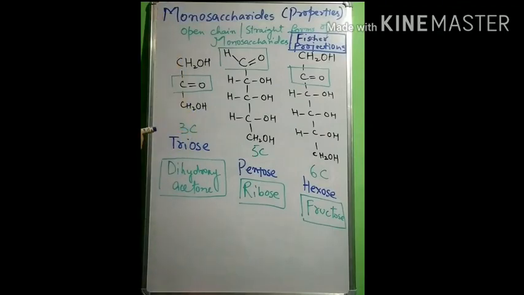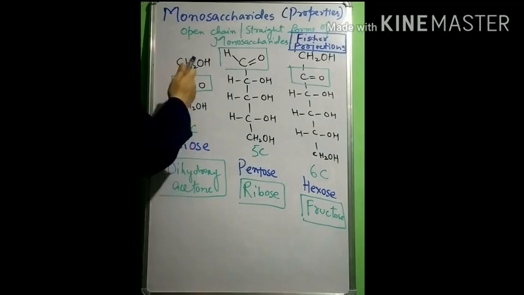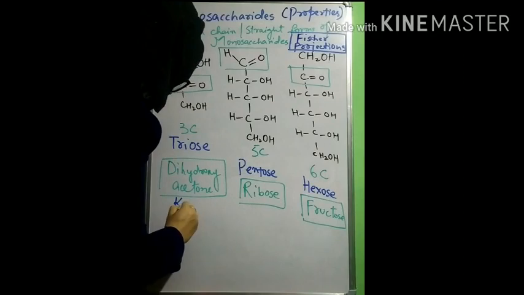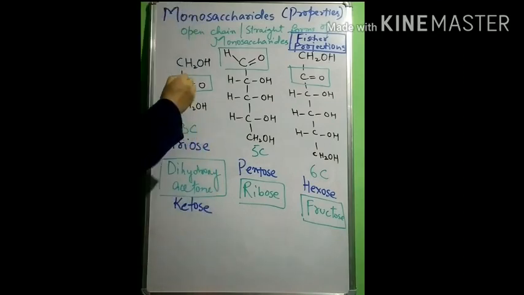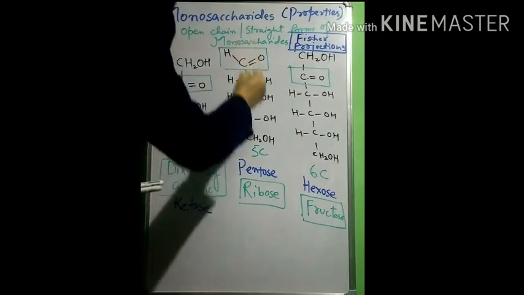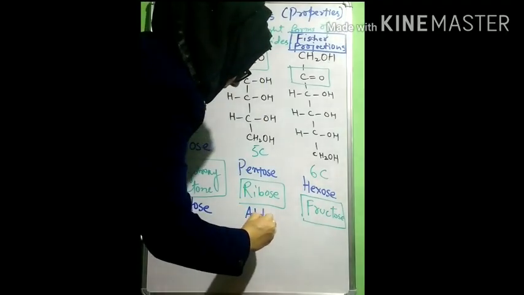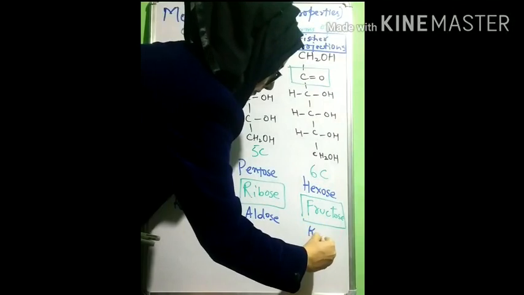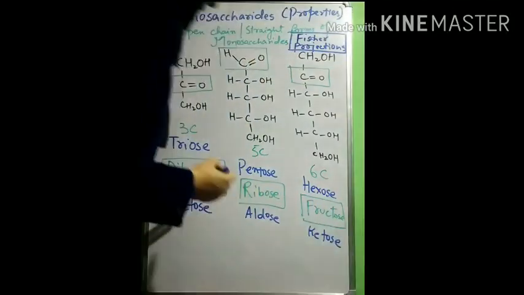We can practice one more thing on this board right now. Dihydroxyacetone belongs to which type of monosaccharide? Is it aldose or a ketose? It's a ketose because of this ketonic group. This is aldose. And what is this? This is ketose. Very good.